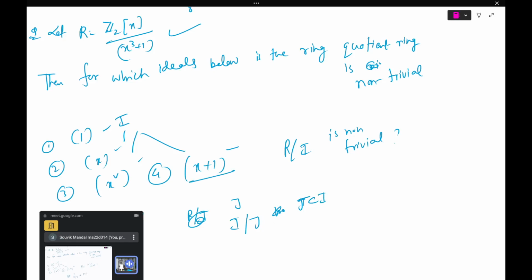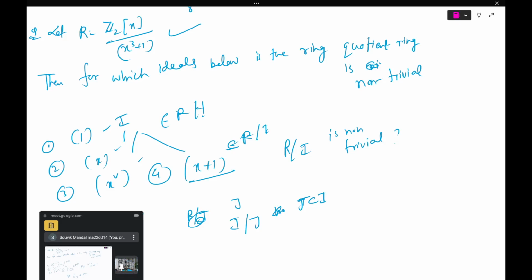Because all these ideals are under the quotient R by I. So you need to understand which ideal contains x cube plus 1. This is the first thing you need to observe.